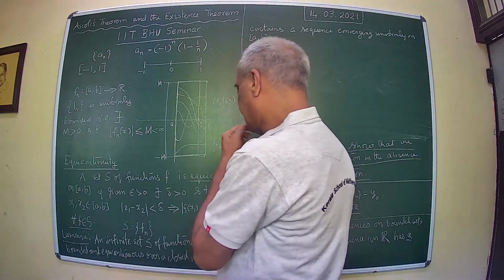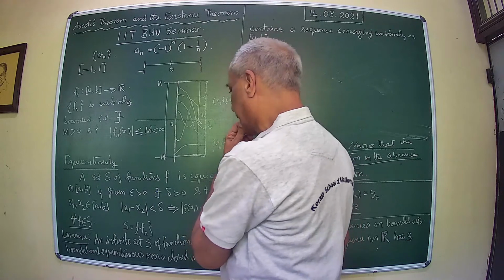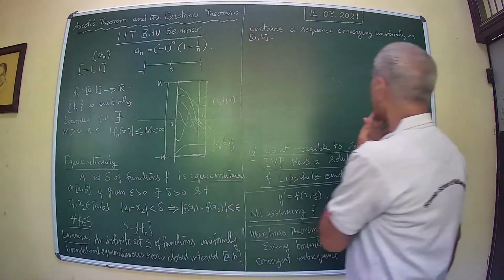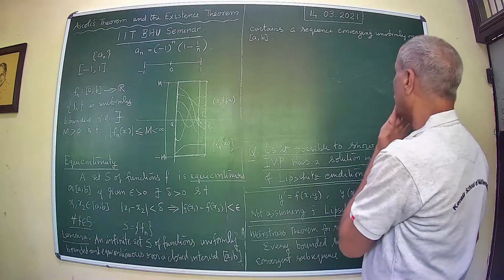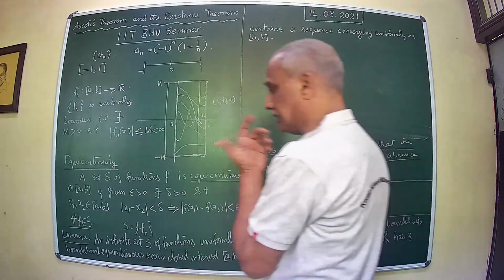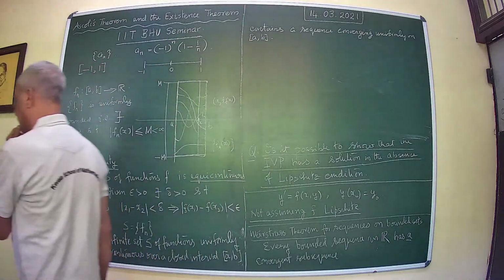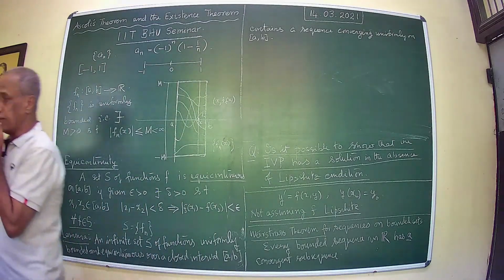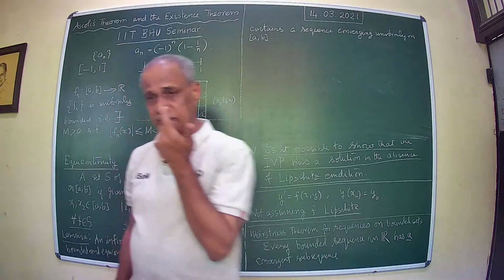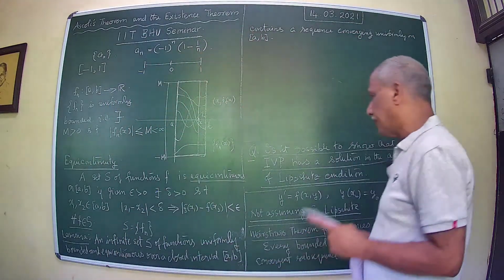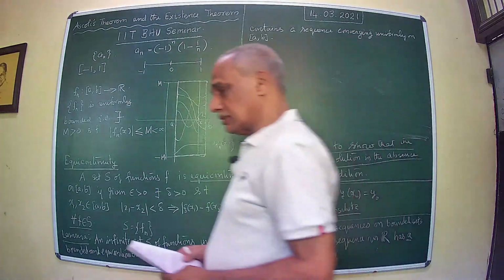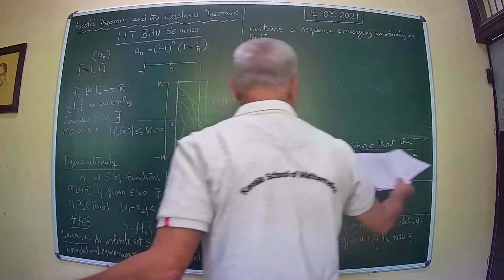Both these conditions put together would assure you that you have a subsequence which converges uniformly, and once it converges uniformly, you see the limiting function. They are all continuous functions, therefore the limit is too.